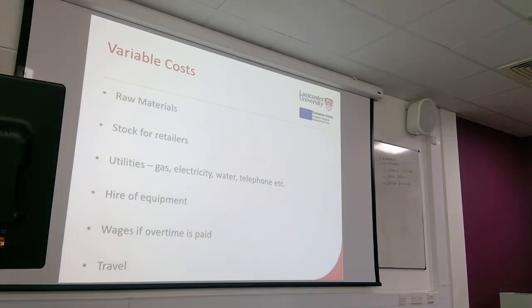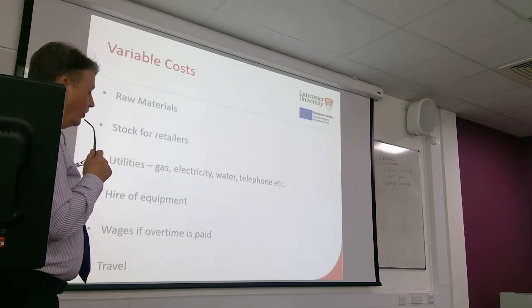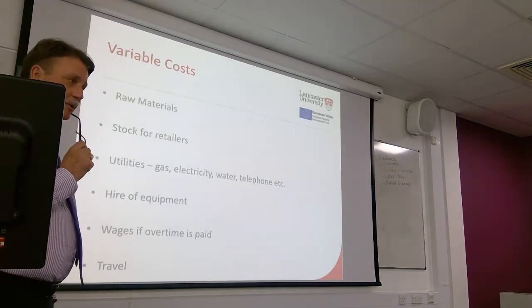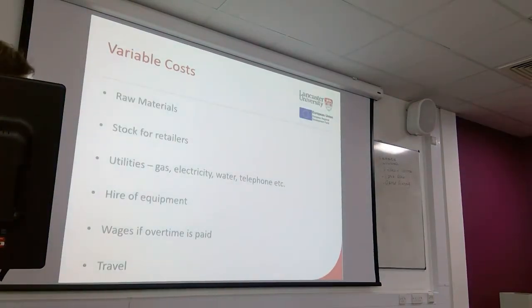Things that vary. So you're buying raw materials in a rubber compound. Perhaps 30 or 40% of the selling price would be raw materials. For some others, it might be 70%. It varies by sector, by the mix of what you do.